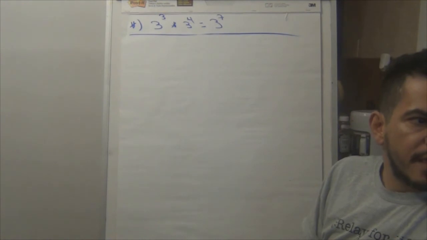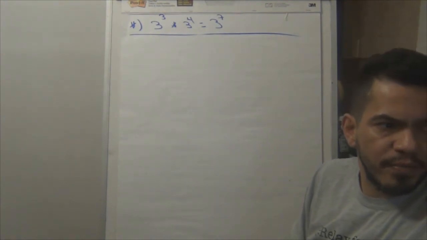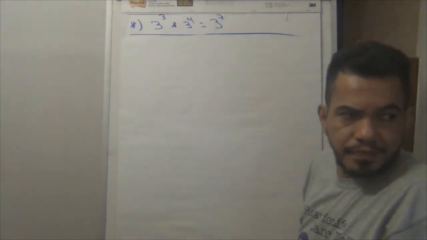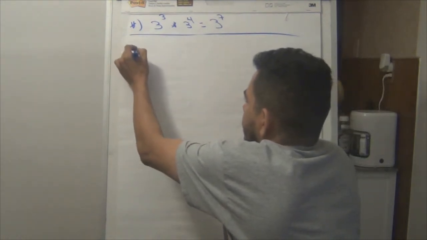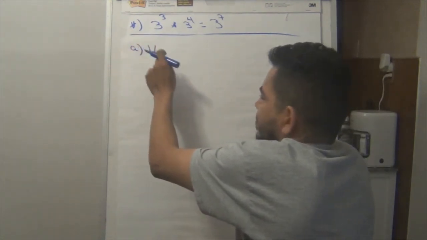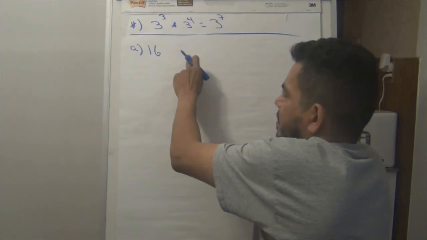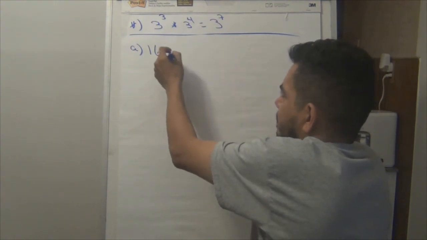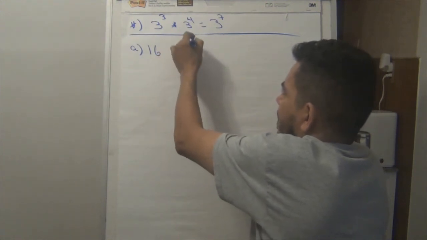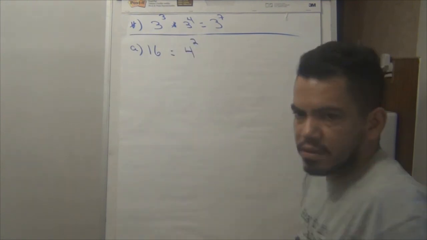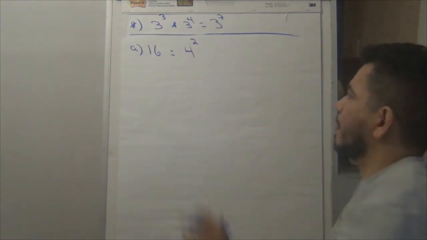Next, it says express in exponential form with base 4. Okay. How can I express 16 as 4 to the something power? 4 times 4 is 16, so it's 4 to the second power.